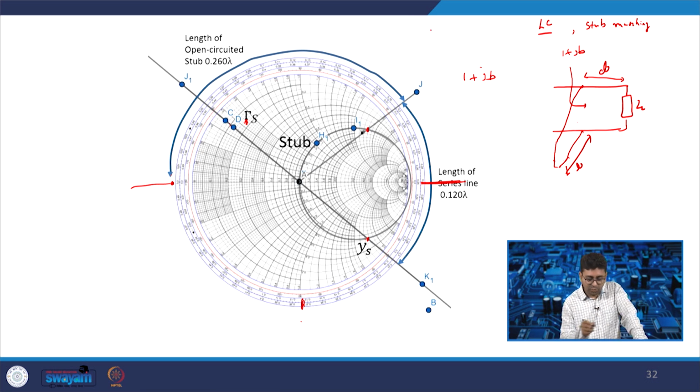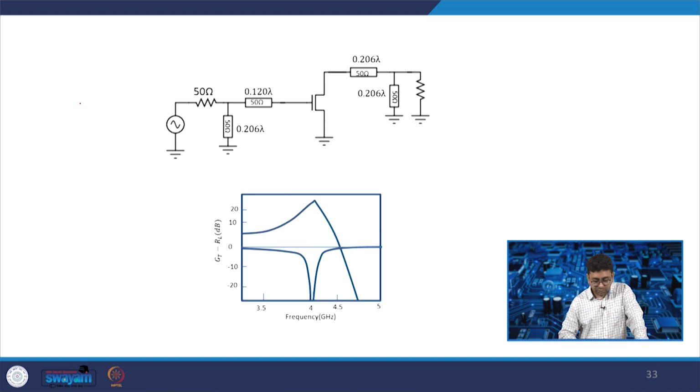You can also do the LC matching. LC matching we already discussed. If the point is here, you can move down or up by using the ZY Smith chart. So, if you try to plot, this is a length of 0.120 lambda, and this is 0.206 lambda.